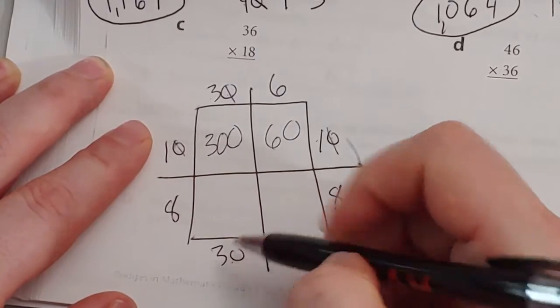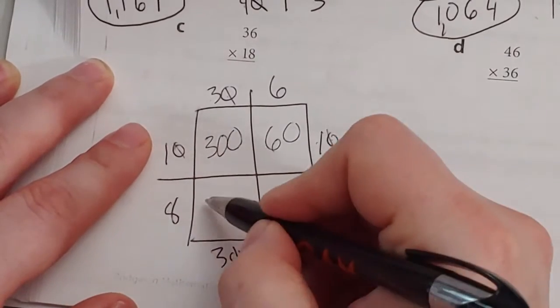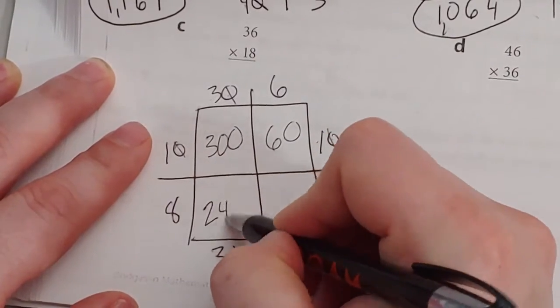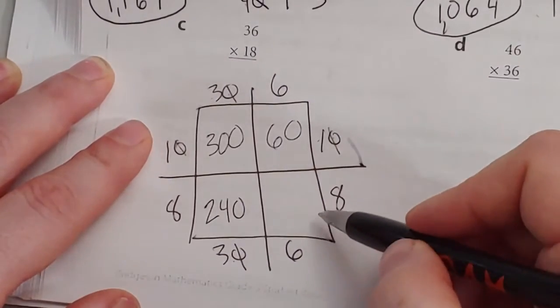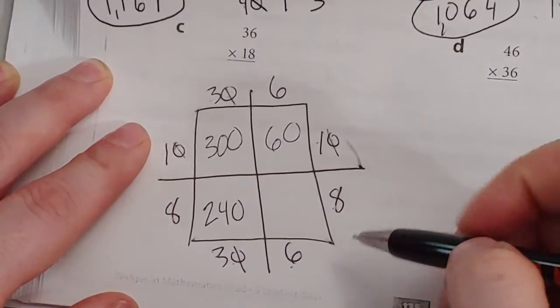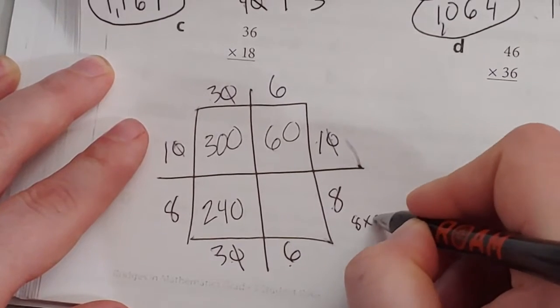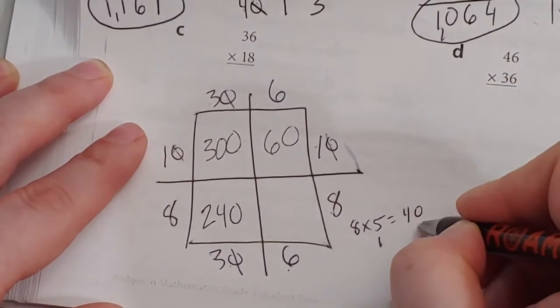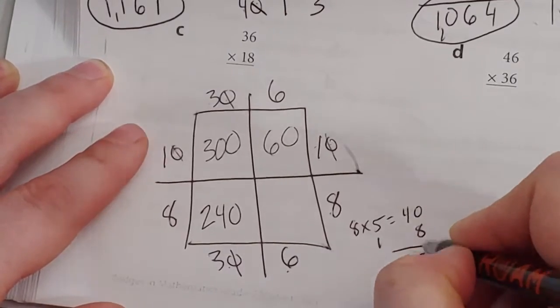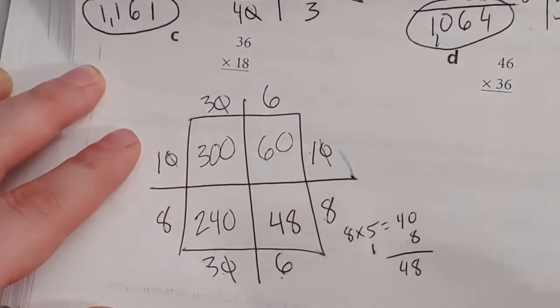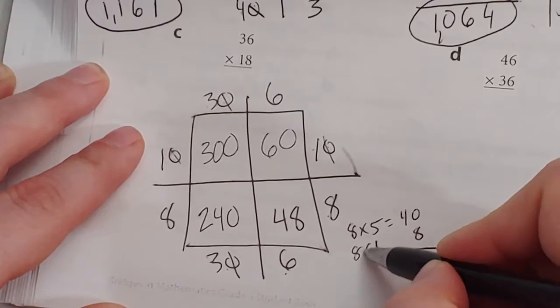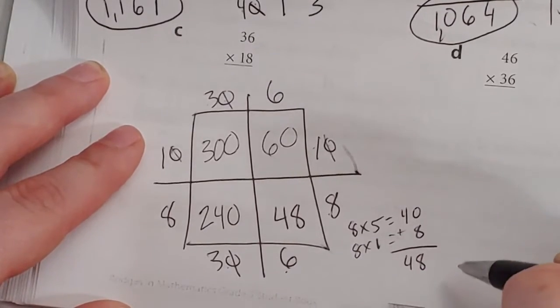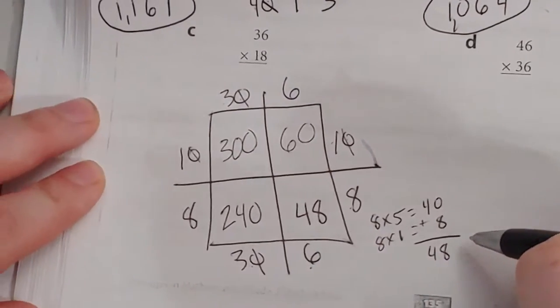8 times 30, we did this one earlier. 8 times 3 is 24, put the 0 back. And then 6 times 8. So 8 times 5 is 40. I need one more group of 8, which is 48. Right, so one more group of 8, and then I added those together to get 48.